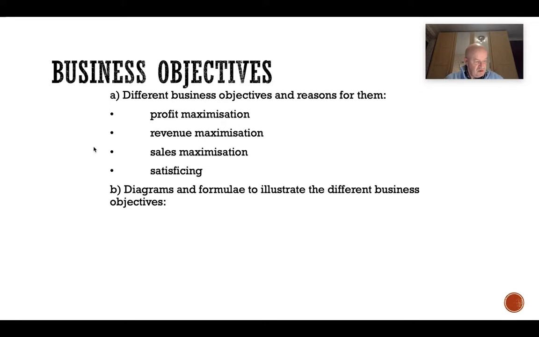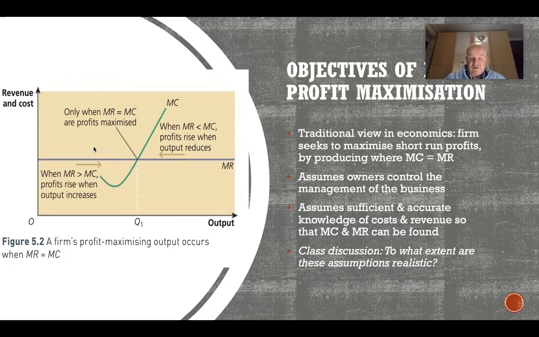We need to demonstrate an understanding of what each objective is, how we might show that in a diagram, and also some formulae we might need to apply. There's definitely a diagram and a formula for profit maximisation, and again formulae and diagrams for revenue maximisation. We'll look at sales maximisation as well, as those are the key three examples, and I've gone one too quickly there, but we'll pop that one back a minute.